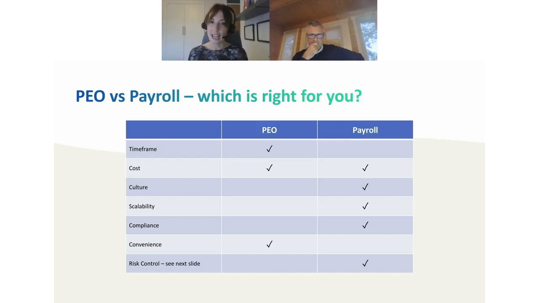Within a PEO, they'll assign a large number of employees, hundreds potentially across all their various clients, to fixed benefits. That means you're really losing the opportunity to tailor your benefits and benchmark them across your industry, sectors, and the various levels of employees. So you're really losing out on that aspect of things.